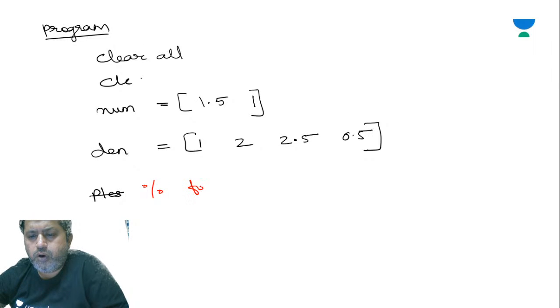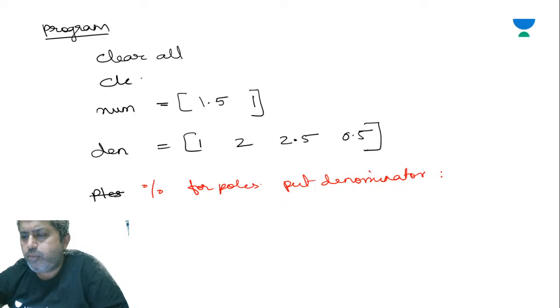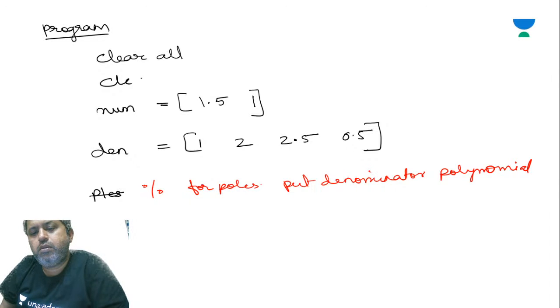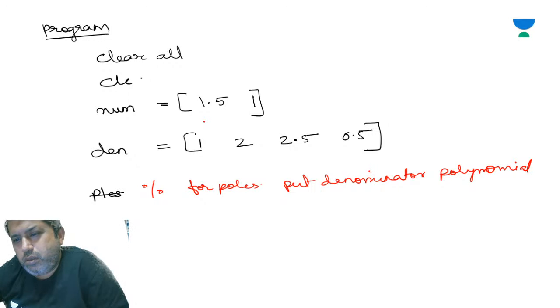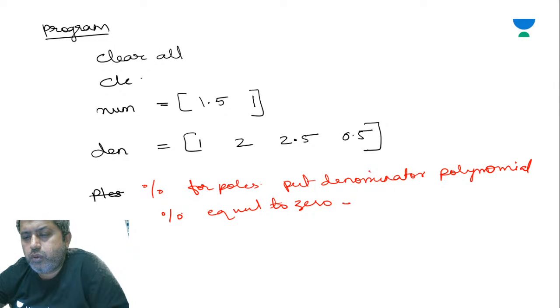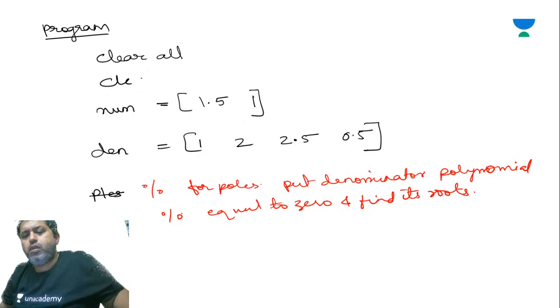For poles, set the denominator polynomial equal to 0 and find its roots. Okay, this statement I have written.